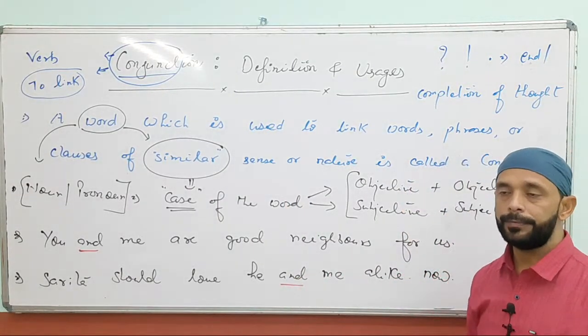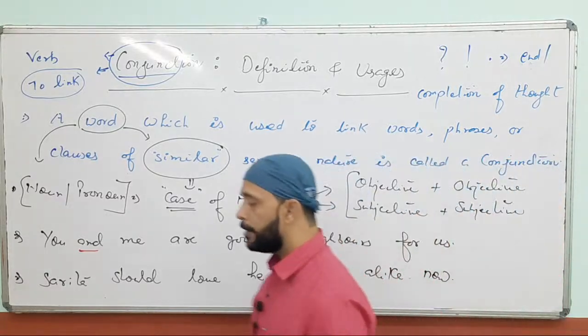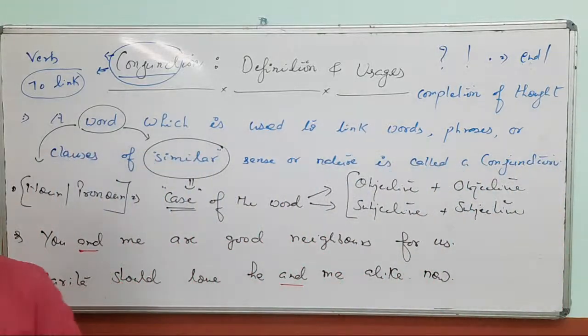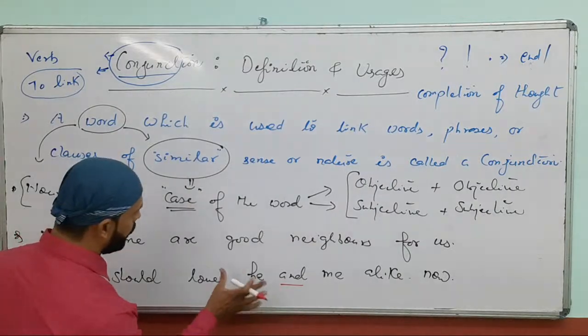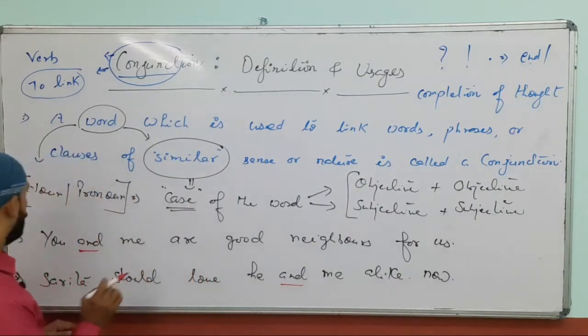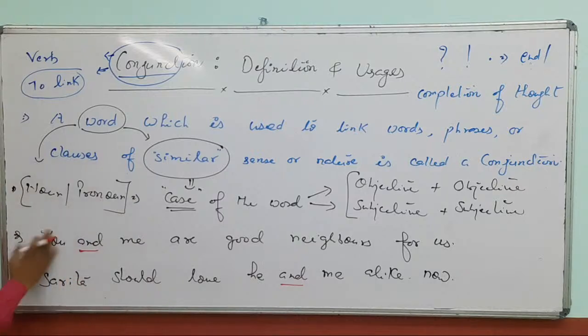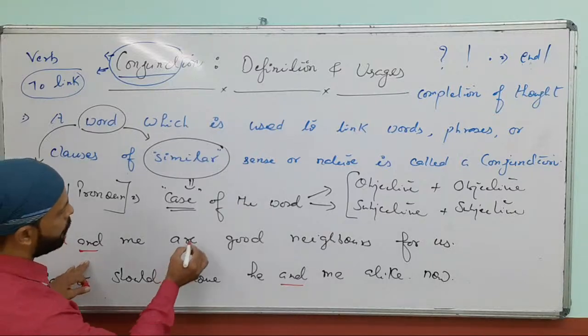In both conditions, we are trying to link pronoun to pronoun. Okay, let me go with another example. We can put here, in place of you, Yogesh, suppose. Not an error, but I try to show you that noun and pronoun can be linked. Yogesh and me are good neighbors for us.